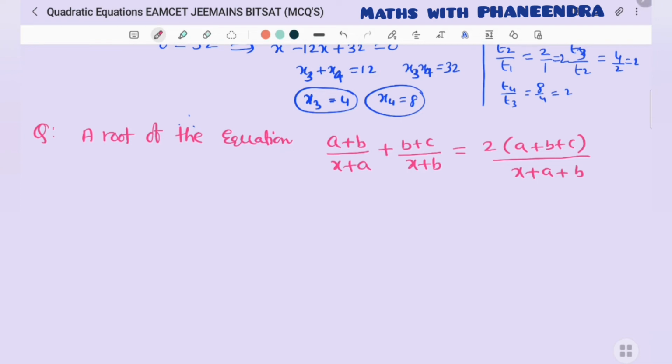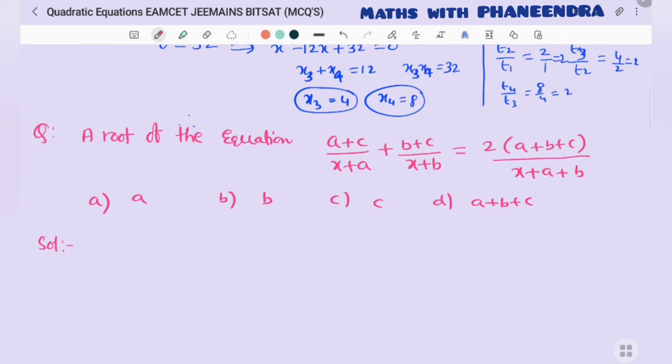The options are a plus c, minus b, c, and d option is a plus b plus c.